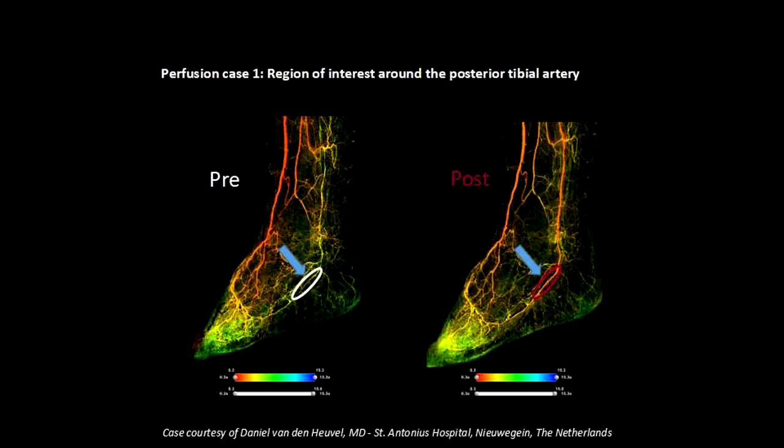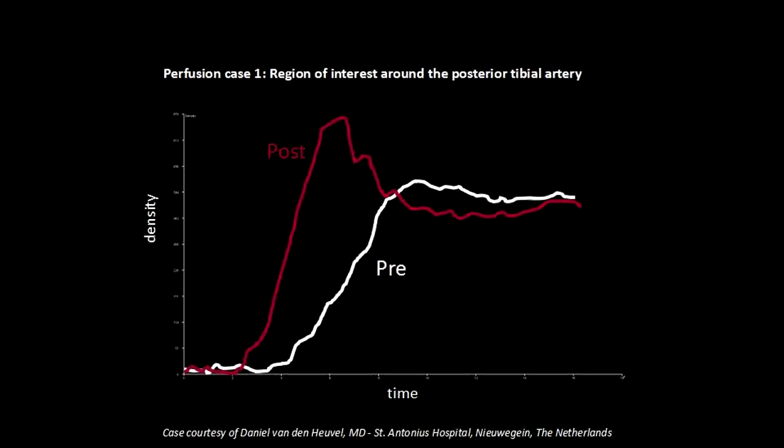Now let's look at the runoff of the vessel that was revascularized by drawing a region of interest near the heel of the foot. You see on the picture already that there's probably more blood going into this artery after than before the procedure, and this is indeed what the time density curves tell us.